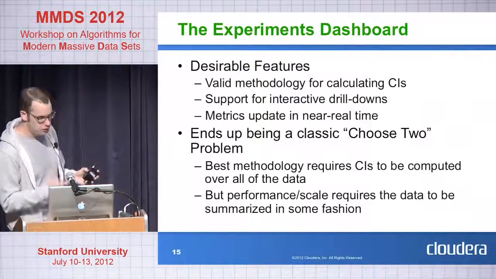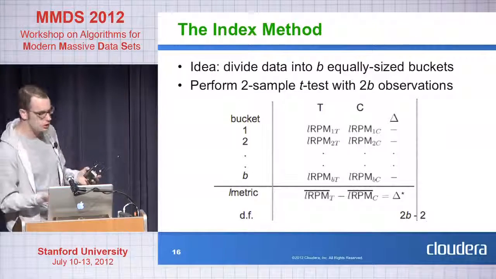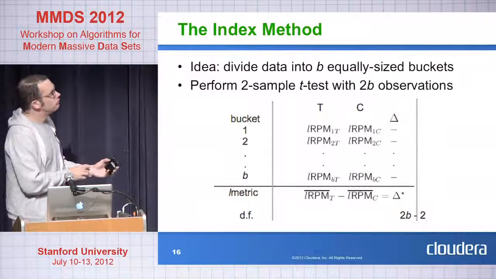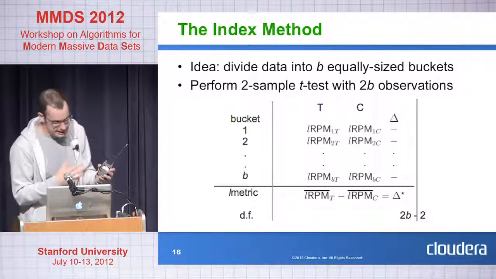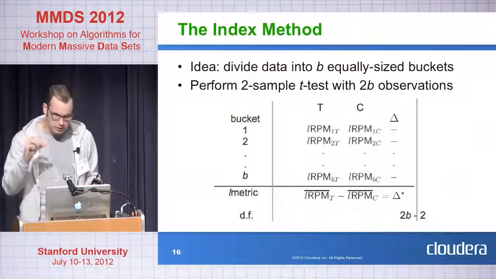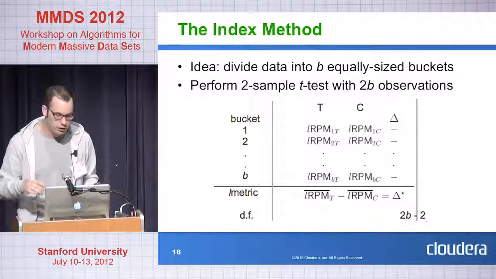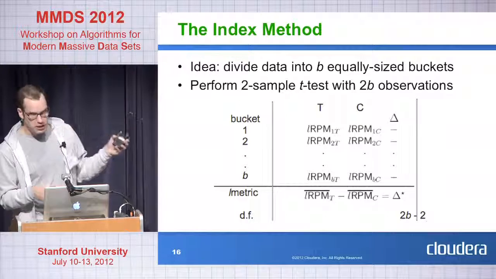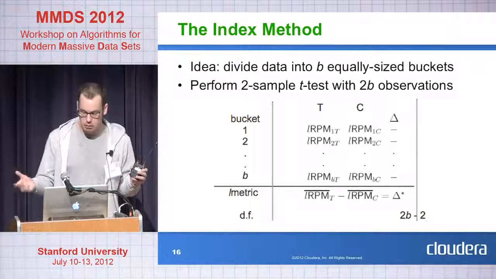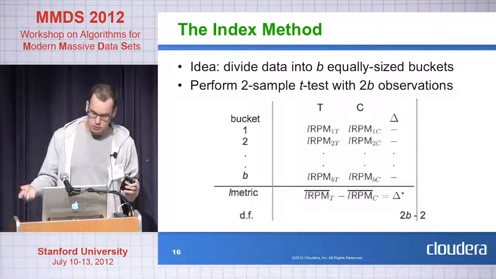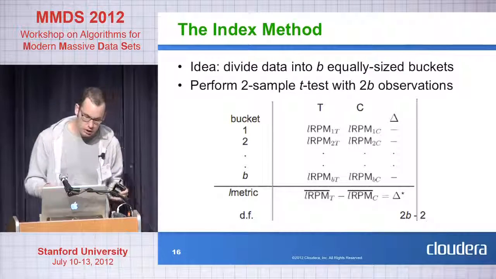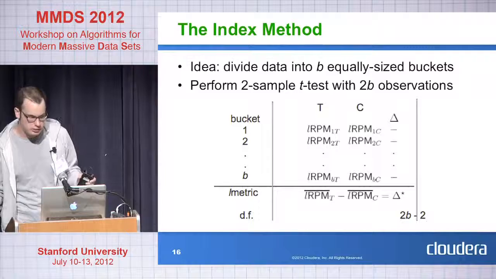And the thing they came up with is actually a statistical trick, as it turns out. And it's called the index method. So I can't keep running aggregations, at least of a single bucket for the experiments I care about. But what I can do is keep B buckets, where B is some number, realizing right now that B was not the best choice for this variable name, but nonetheless. We have these B equally sized buckets.